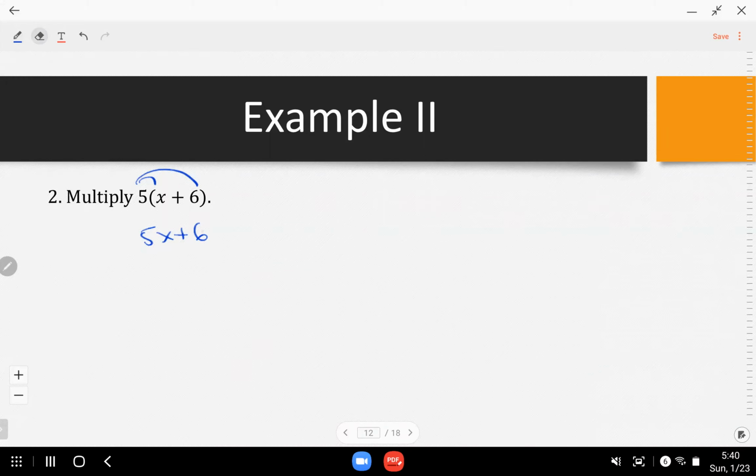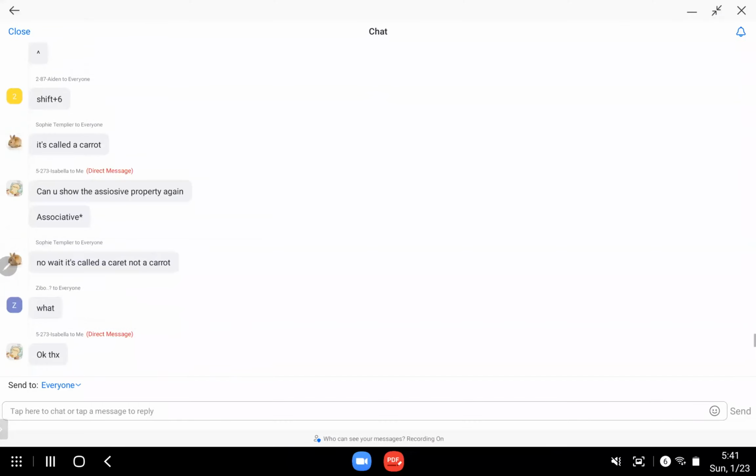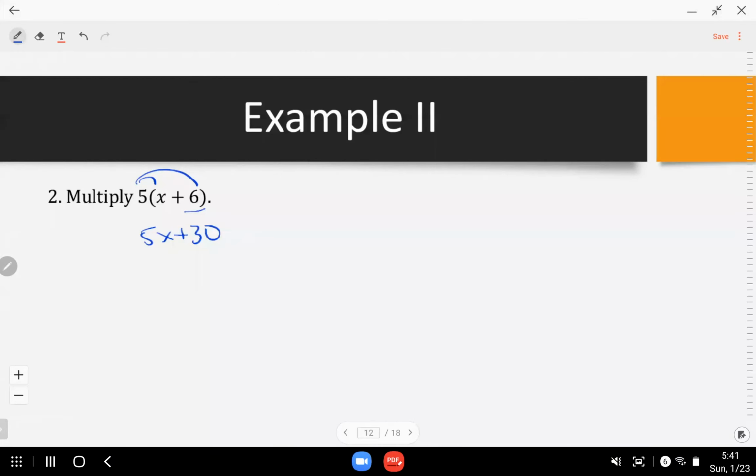The correct answer is 5x plus 30. You not only distribute it to the variable, you also have to distribute it to the constant in the parentheses, so don't neglect that 6. Yes, 5x plus 30, very good. I like the fact that nobody made that mistake, and pay attention so that you don't make it in your homework either.